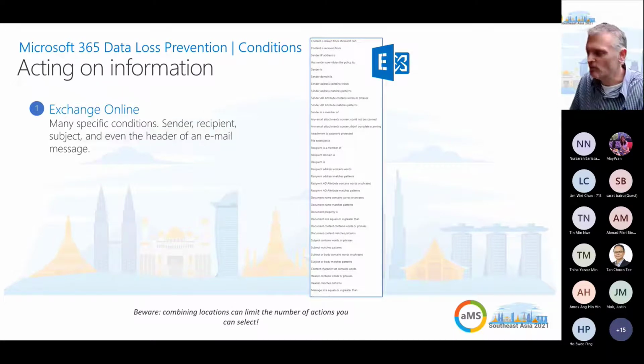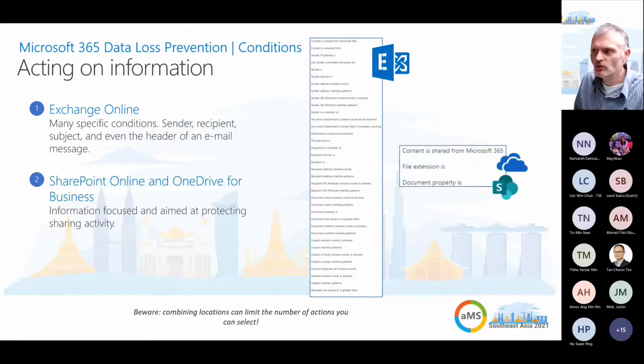So that's very important. For SharePoint Online and OneDrive, that's more information focused. If specific content is shared, or for a specific document property, which is part of, for example, the metadata within SharePoint, then that's also a possibility to activate a DLP policy.